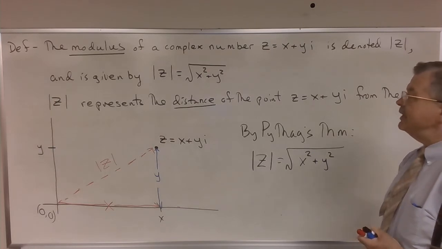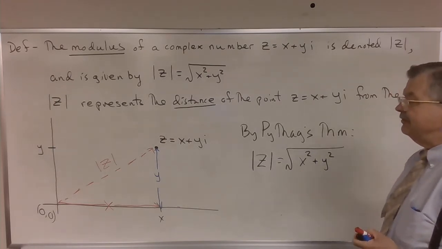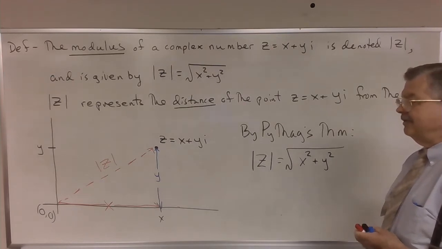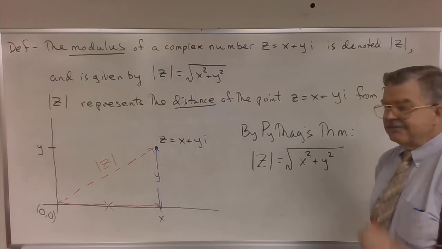So that's how we get the modulus of z. And the modulus of z is the distance of a complex number from the origin.